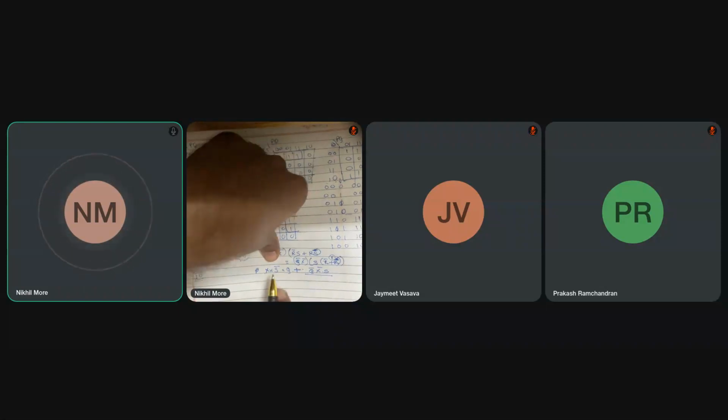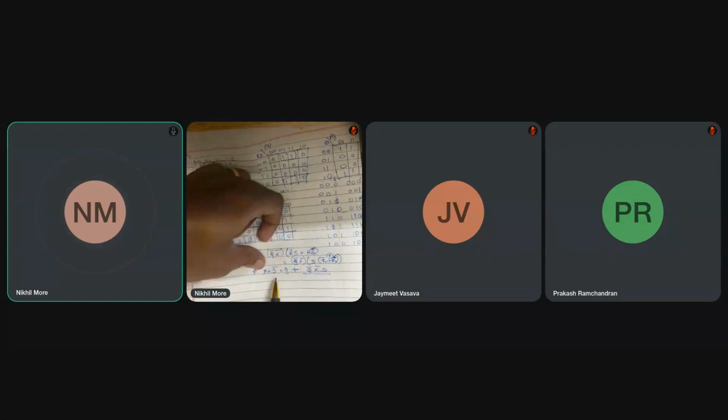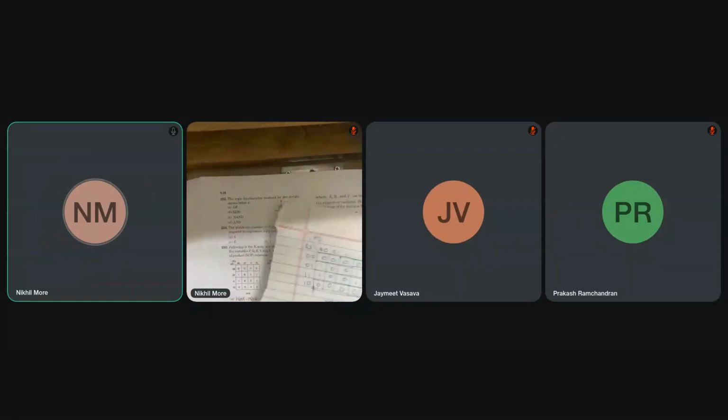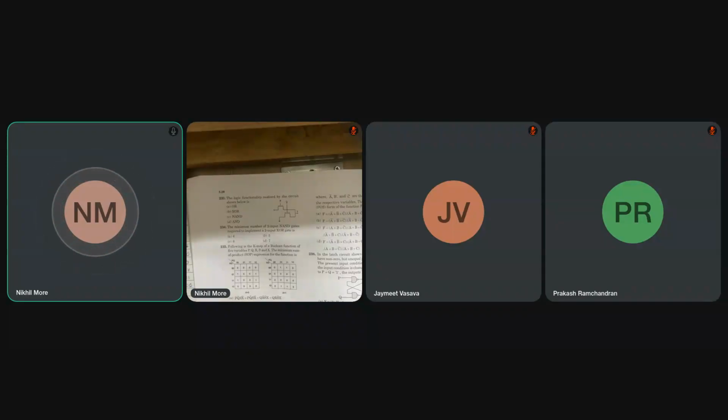The first term consists of Q, S bar, and X. The second term consists of Q bar, X bar, and S. So the answer should be, if you remember, Q, S bar, and X. This is one term, and the other term is Q bar, S, and X bar. So B is the answer over here.